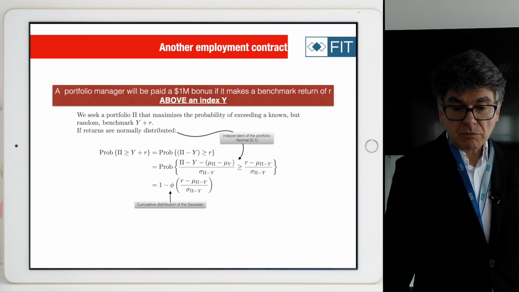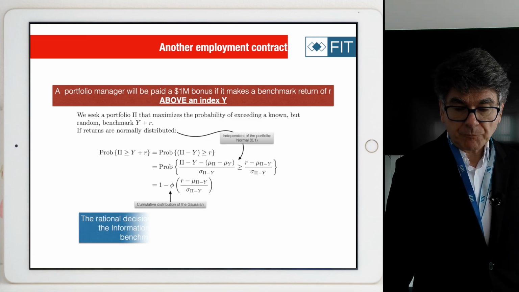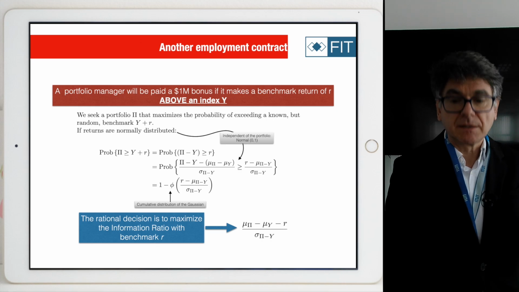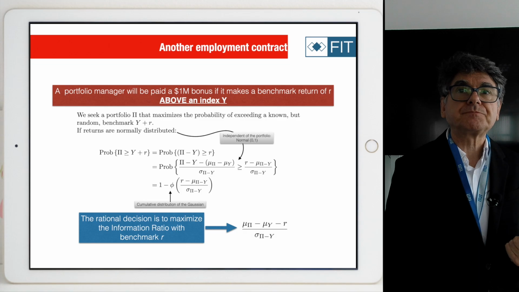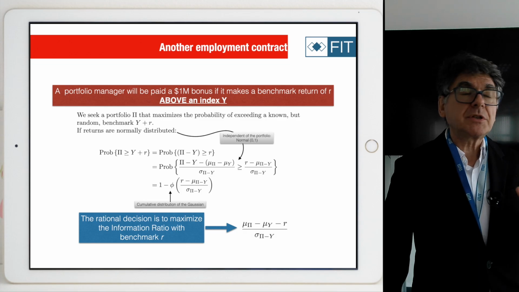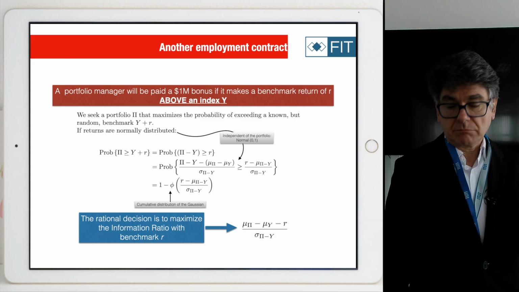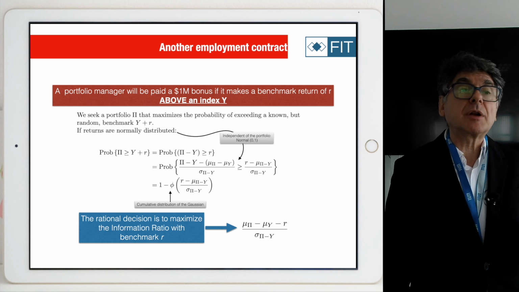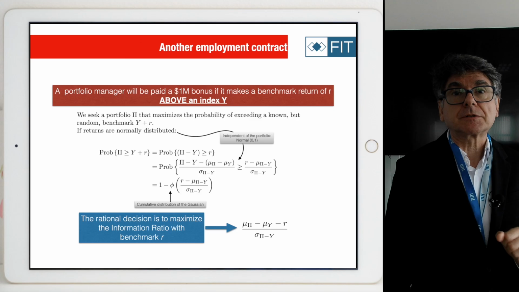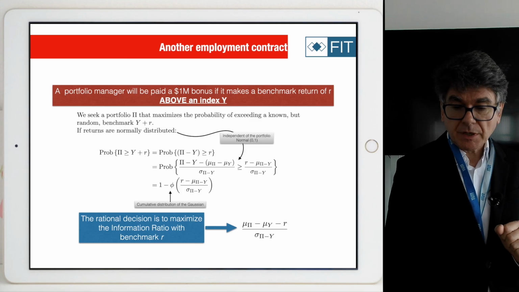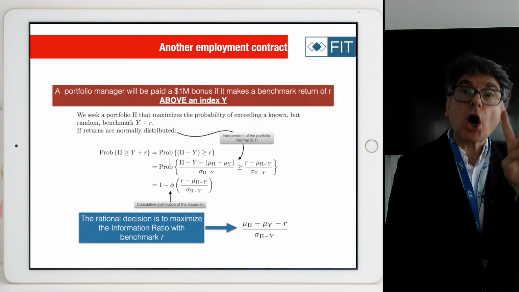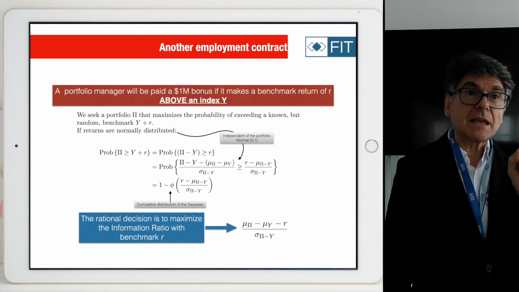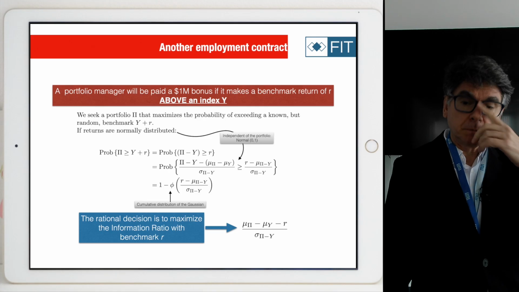So now you need to optimize a new ratio, which, as she said, is the information ratio. The information ratio is like the Sharpe ratio. As you can see, it's mu or difference of mu's on the numerator, but the denominator is radically different. The denominator is the standard deviation of the difference. And this has important consequences.